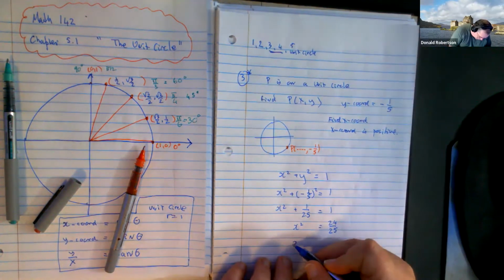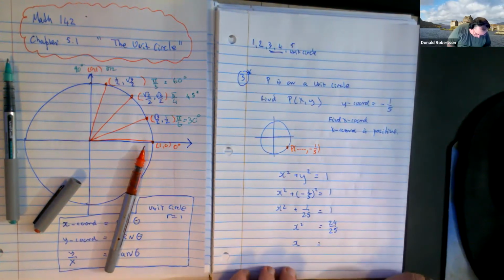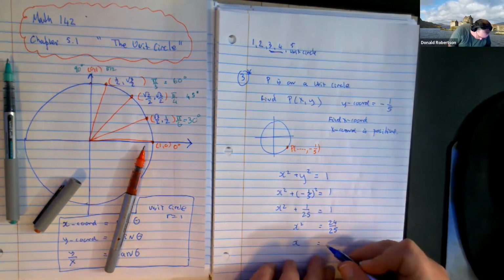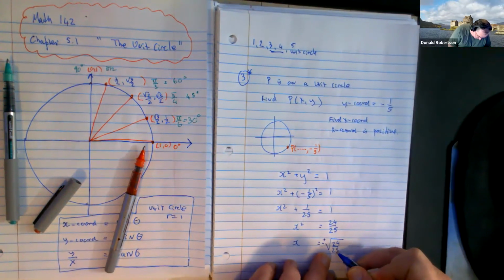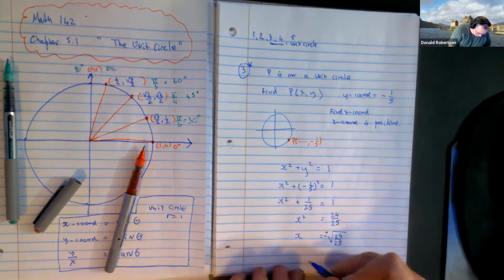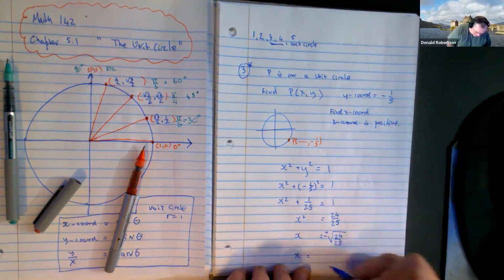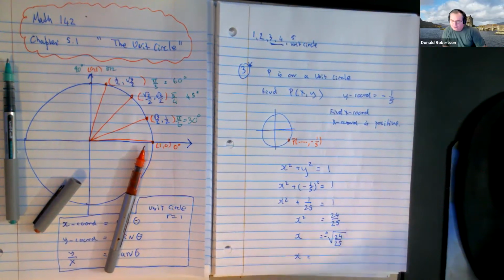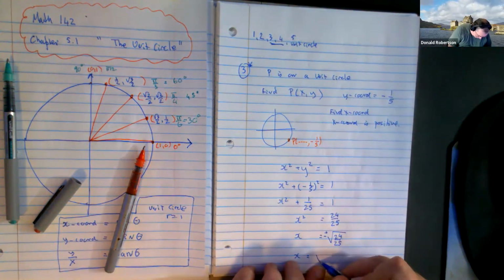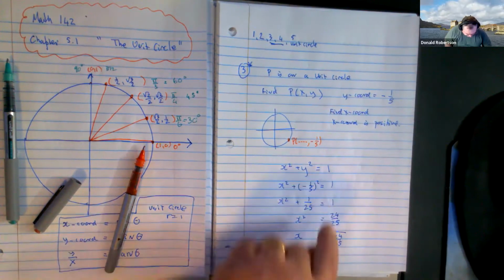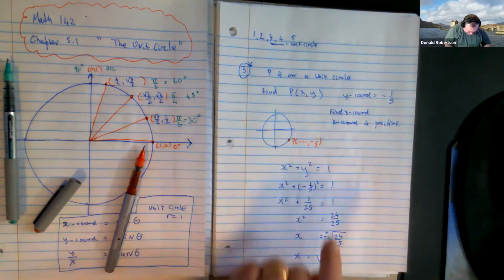Now, would you also agree that the next stage is to take square roots? And there is a positive and a negative. But don't we know that in this case, the answer is a positive one, right? They told us it here. So the guy that we're looking for is that guy. But that's not the answer I'm going to write here.